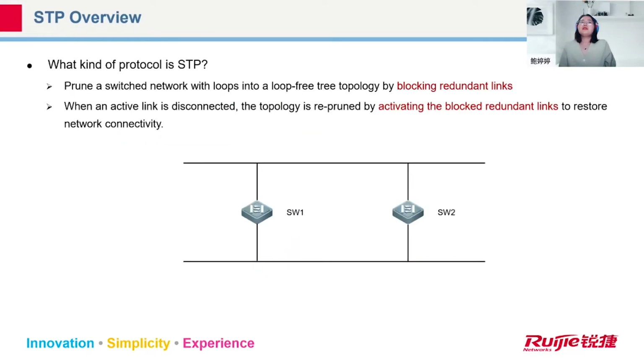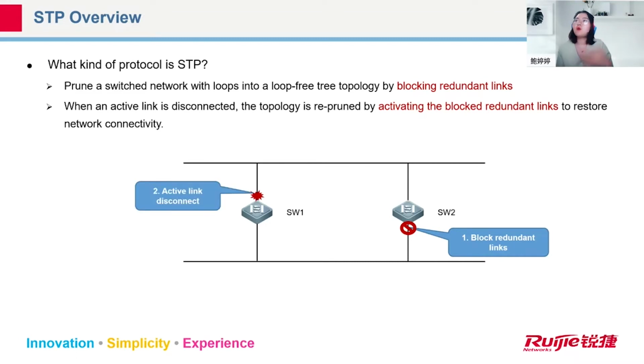Okay, so what does this protocol do in a topology like this? After we enable the STP protocol, finally we will designate one interface to block. Blocking means this interface will not forward the traffic at this time. And then if one active link is detected as disconnected or has some other problem, we can immediately activate the blocked link and let this interface help us with the traffic.